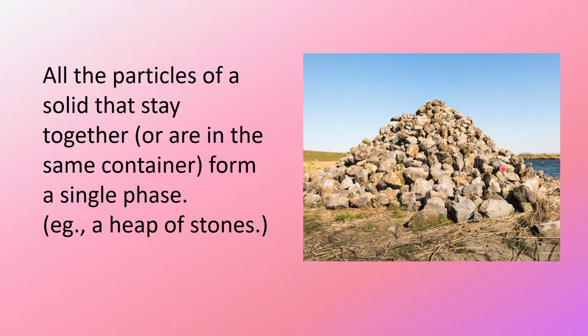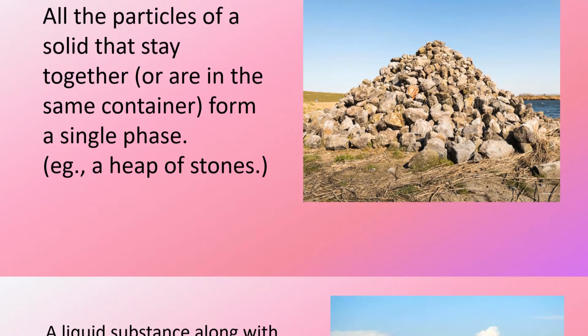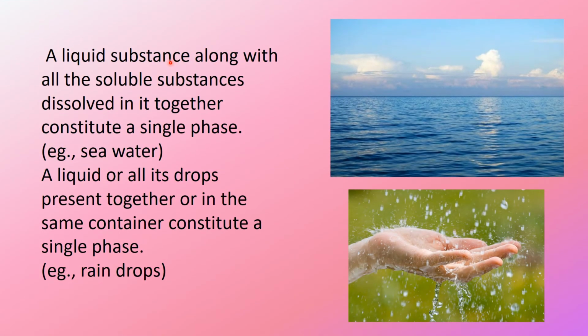All together it is one single phase. A liquid substance along with all the soluble substances dissolved in it together constitutes a single phase. Example, sea water. Children, you know that in sea water many substances are dissolved, but all together it looks uniform. So it is called a single phase.